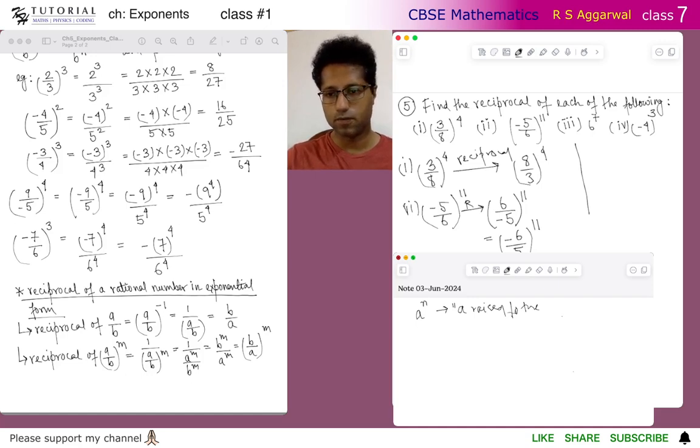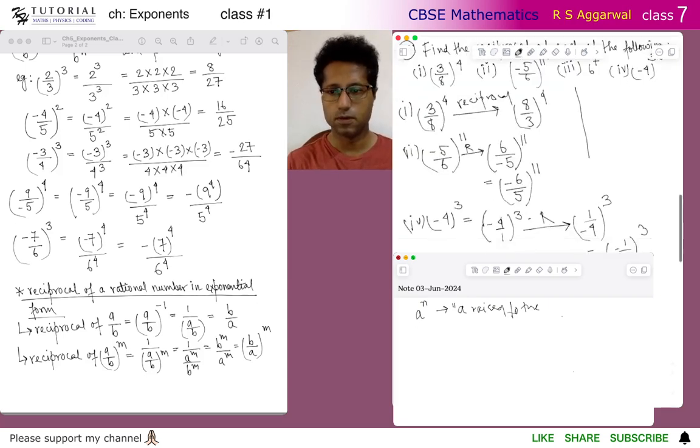This is 1 by minus 4 and the power remains the same. Now, again we see that the denominator is negative, we make it positive and this becomes minus 1 by 4 raised to the power 3.